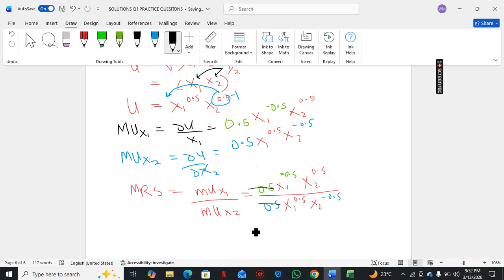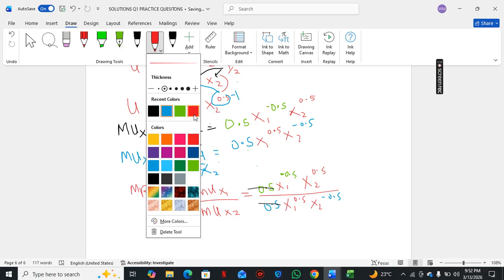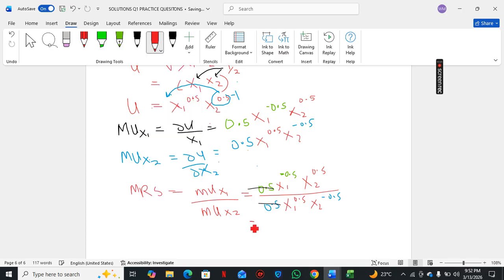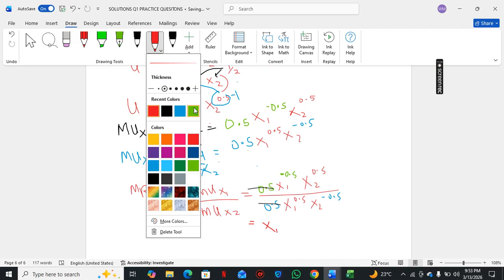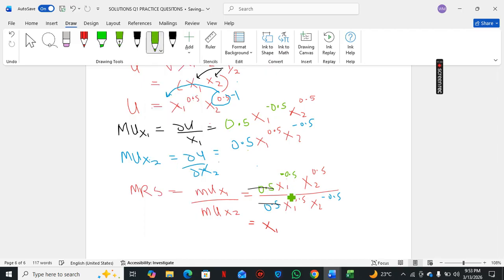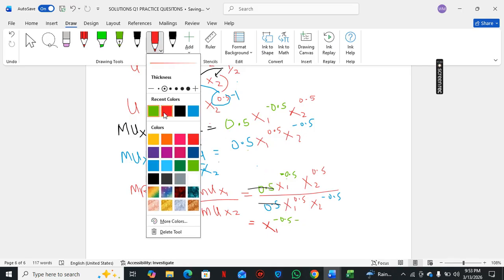You can write it down here, so for everybody's sake, so that we're following clearly. So you say x1 to the power negative 0.5. According to the laws of indices, colleagues, if you are dividing the same bases, you subtract the exponents. So x1 to the power negative 0.5 minus 0.5.